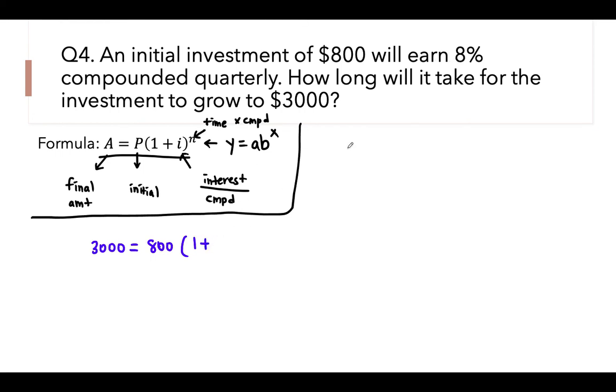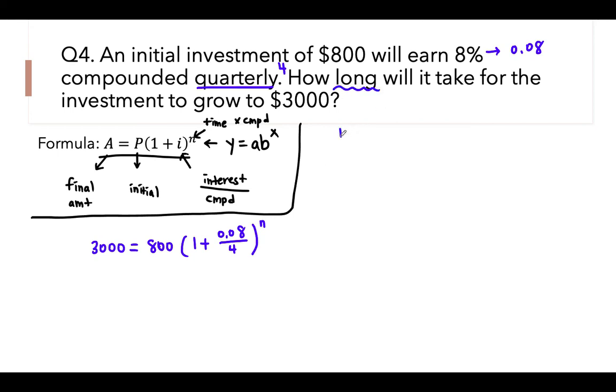So always change it into decimal first. So 8% is 0.08, but we have to divide it by the compounding period. Compounding period is quarterly, which is 4, so divided by 4.